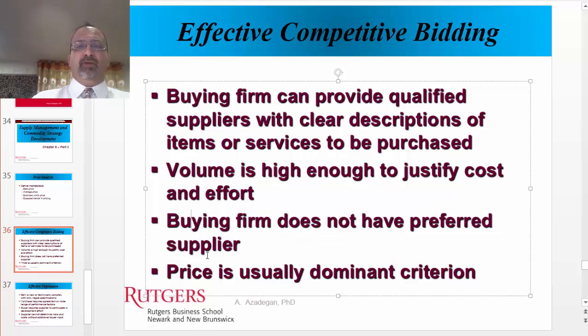It becomes quite a moot point if you have suppliers complete a bid and not give them the business, and if they get the sense that they're just being used to spend their time for nothing, then it becomes a point of contention. In competitive bidding, price becomes a pretty important, often dominant criterion for the event.